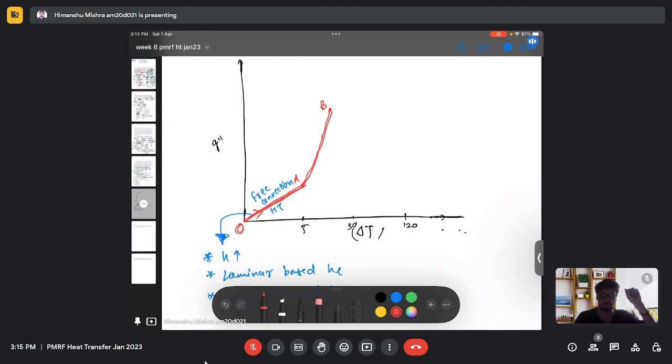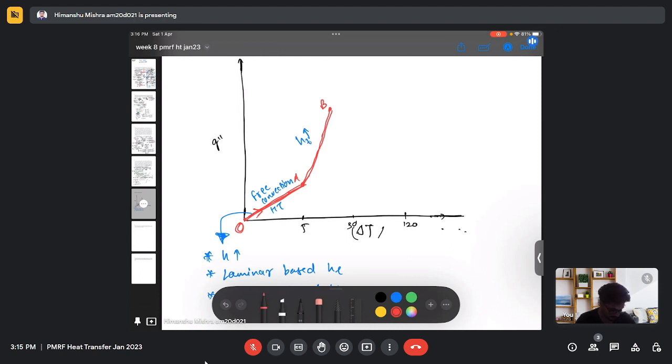Due to these bubbles, there is a lot of mixing between the bubbles and the surrounding fluid, and the flow becomes very turbulent. This turbulence increases with the number of bubbles, and as the bubbles rise in the column, it severely increases the heat transfer coefficient as well as the heat flux. So from point A to B, there is a sharp increment in the heat transfer coefficient.